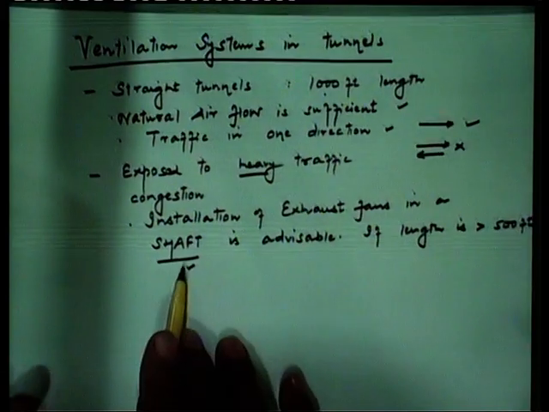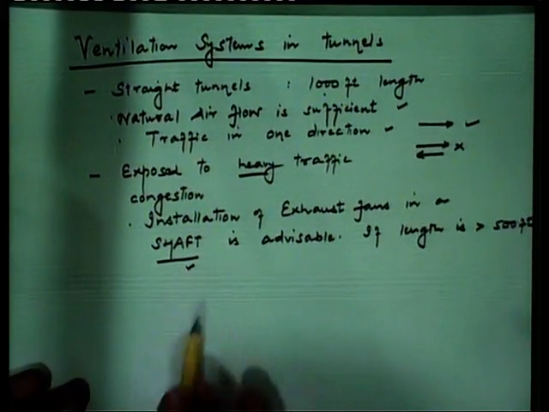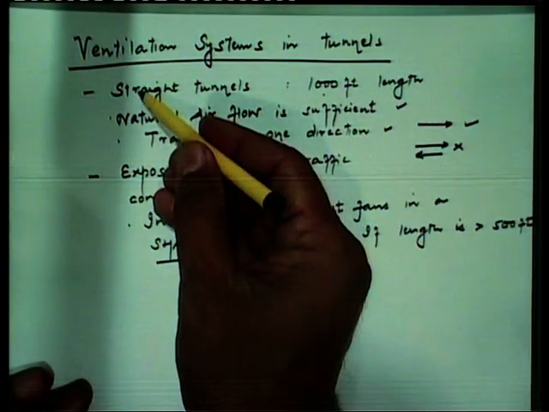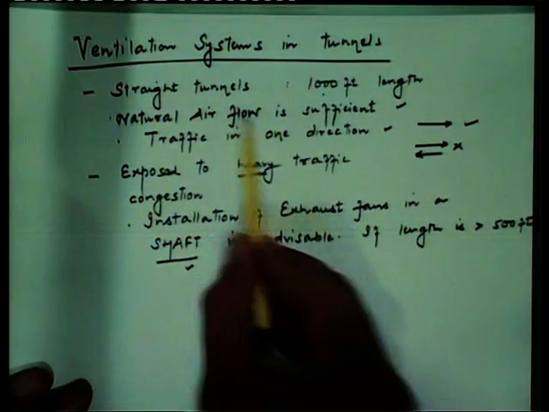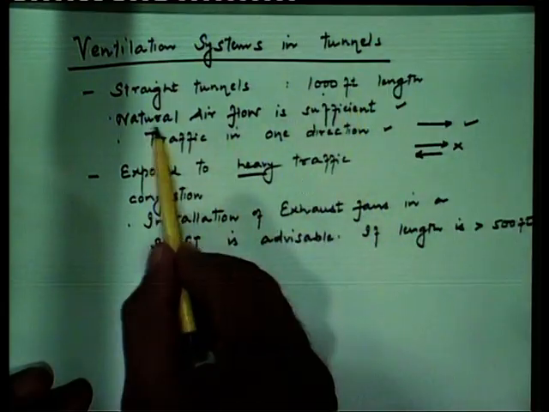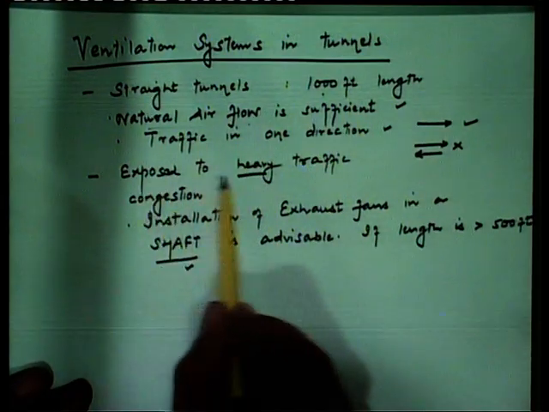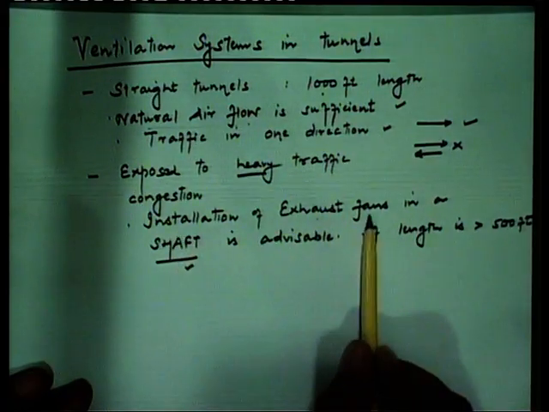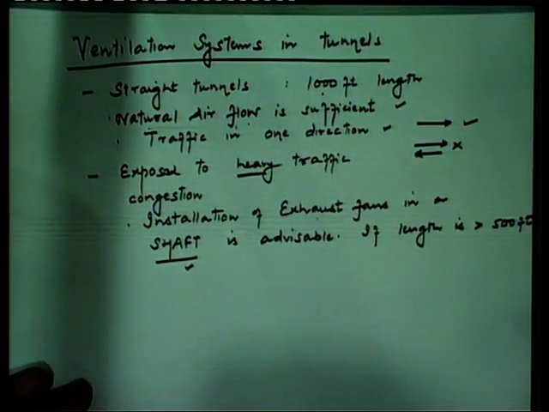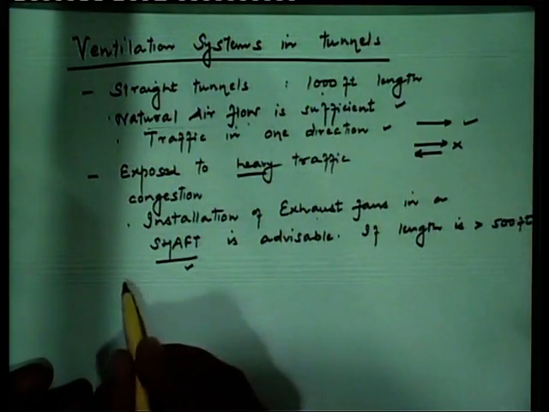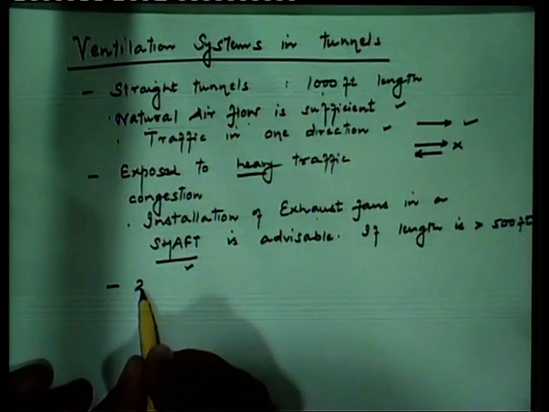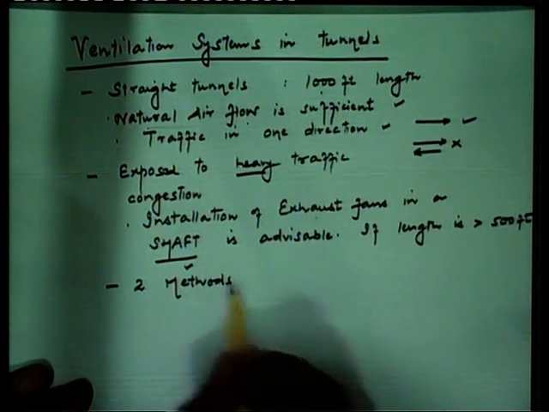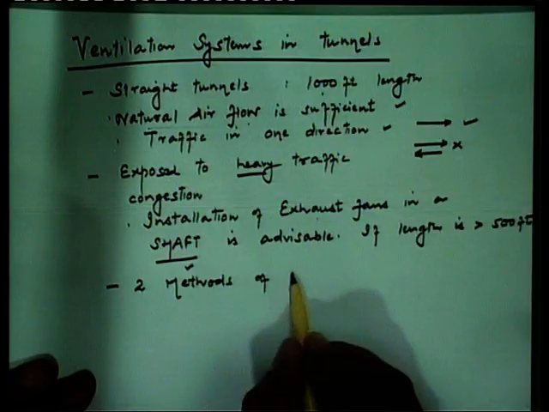I will discuss this term shaft just now, but before this, just going through these 2 points regarding straight tunnels with natural airflow and tunnels exposed to heavy traffic congestion with the provision of exhaust fans, we can say that basically there are 2 methods of ventilation.